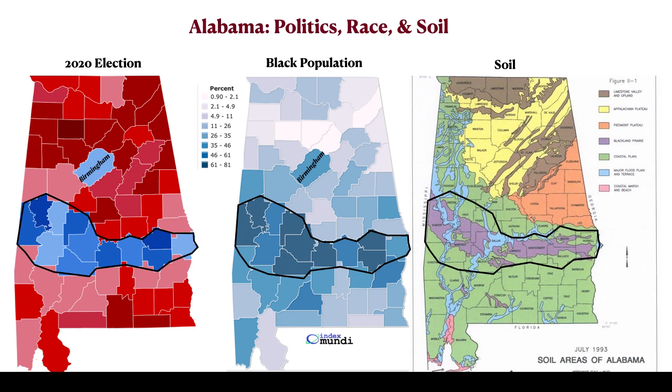Most of the soil in the American South is relatively poor, often quite poor. But this swath of soil developed on limestone is very rich, and it was therefore attractive for plantation owners and plantation agriculture. So large plantations developed here, which meant large enslaved populations, which meant large black populations.